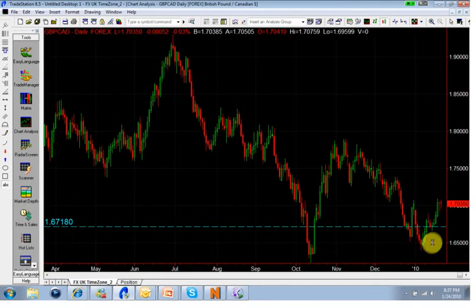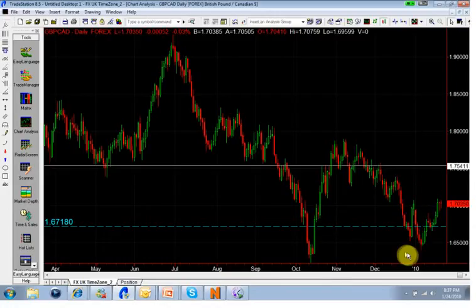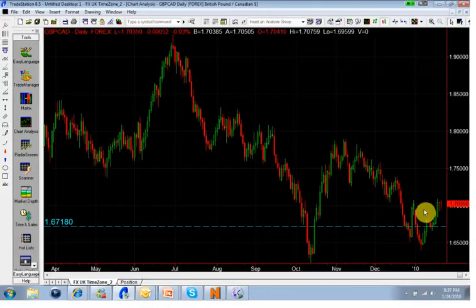What would appear to be the pound strengthening versus the Canadian dollar is not really that. Rather, it is the weakening or the weakness that's coming into the Canadian.